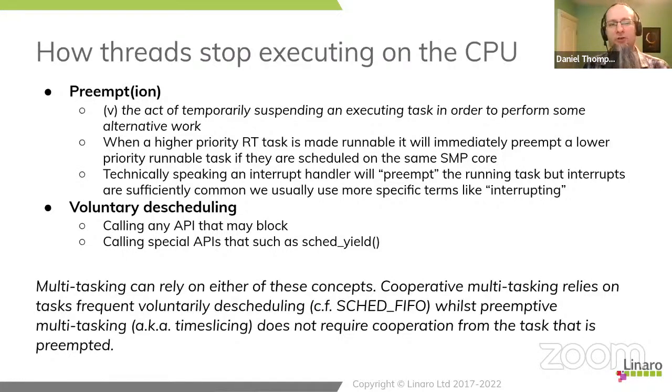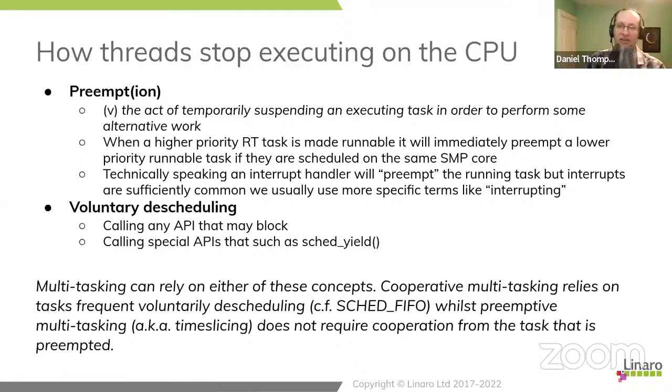So thus far, I've talked about preemption as though it's just a thing that everybody understands. But I would like to give a slightly more formal description so that we can contrast it against voluntarily descheduling. So preemption is the act of temporarily suspending the executing task in order to perform some alternative work. And the way we're going to talk about it at the moment, that decision to suspend is not made by the task itself.